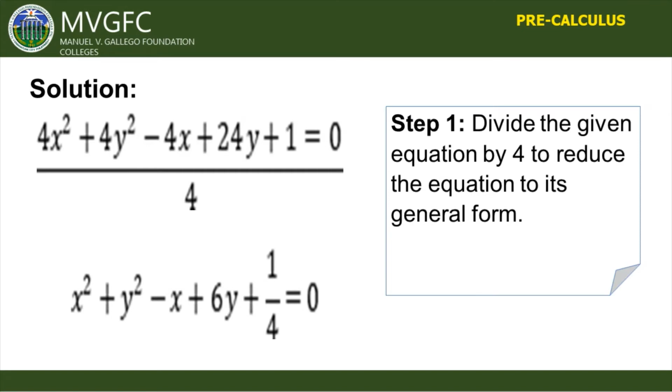How do we get that? Of course, 4x squared divided by 4 is x squared. 4y squared divided by 4 is y squared. Negative 4x divided by 4 is negative x, positive 24y divided by 4 is 6y, and 1 divided by 4 is 1/4. So we have now the answer.